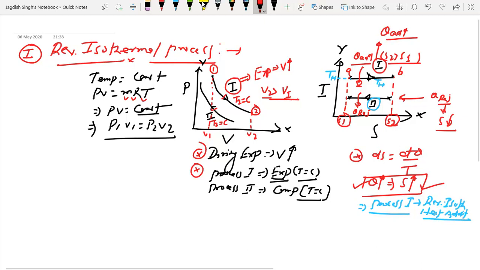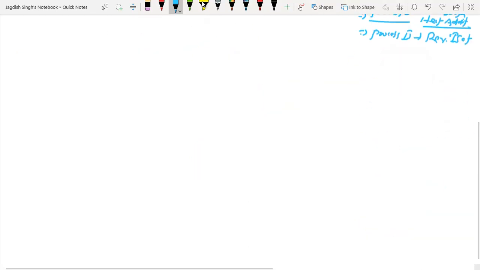That's why process 2 is reversible isothermal heat rejection.